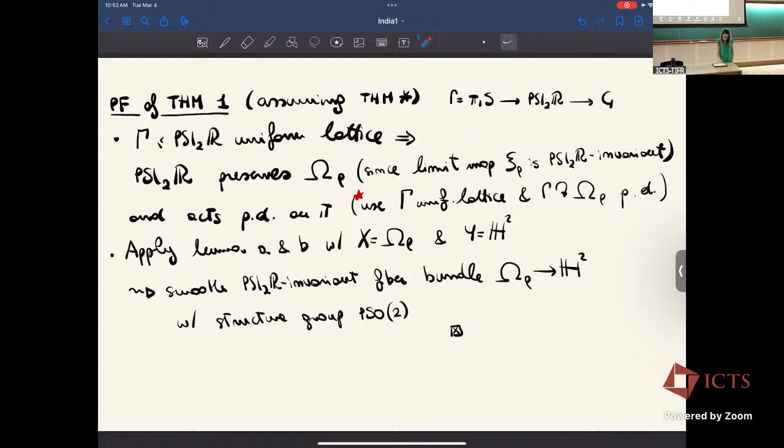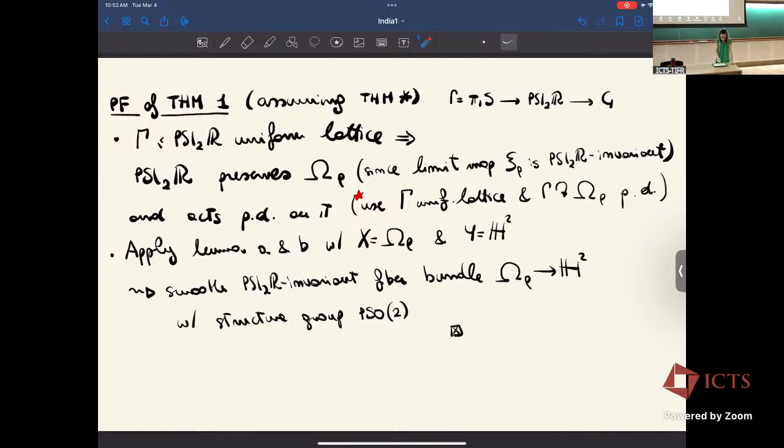This proper discontinuous action is something you need to prove. Here I had a case where a uniform lattice acting properly discontinuously on a manifold is equivalent to the full group PSL2R acting properly, and it is really working through the definition of proper discontinuity and just seeing that it becomes a proper action of the full group.